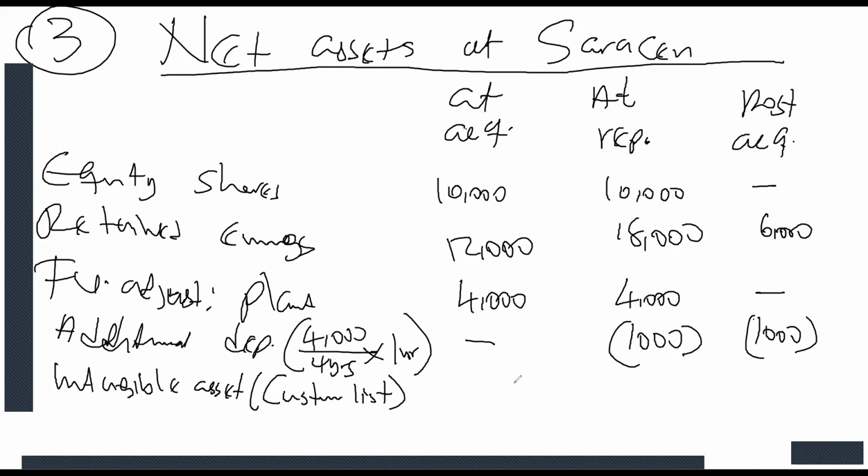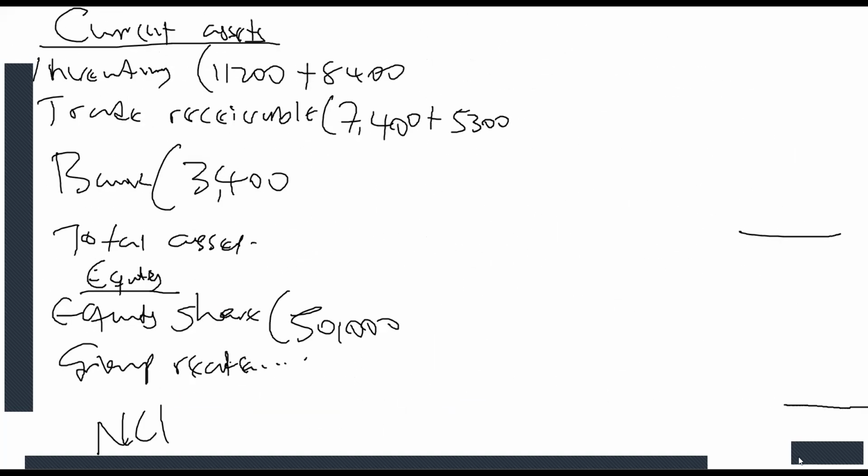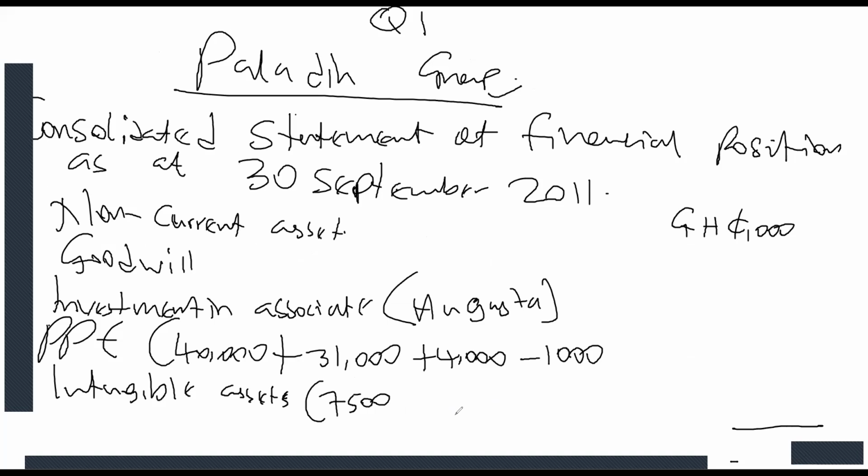It's an intangible asset and it's 3 million, so 3,000 here. Then go to the face of the balance sheet and add those 3,000 there too, to intangible assets. So plus 3,000.